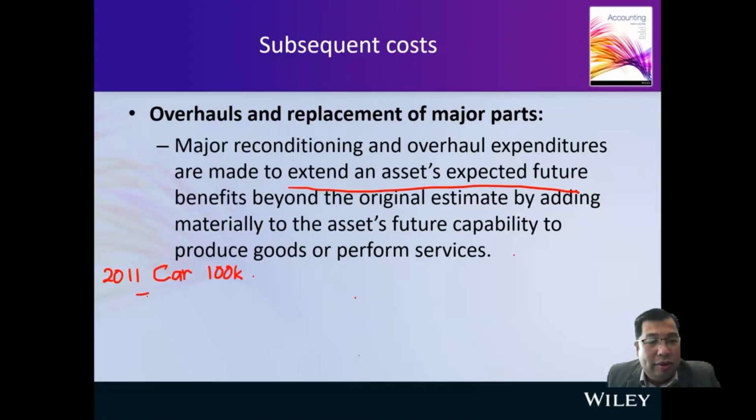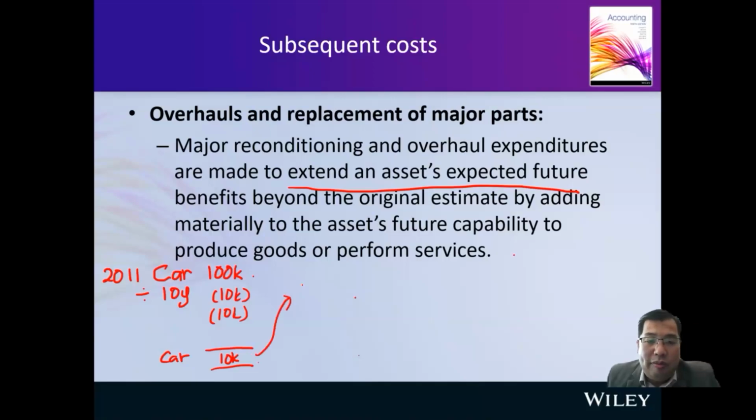The estimated useful life is 10 years, so every year you provide 10,000 depreciation, until the last year, when the value of that asset is only 10,000 and the car can only run for another 1 year.